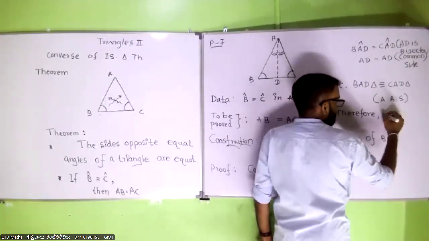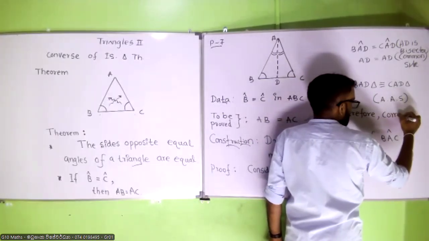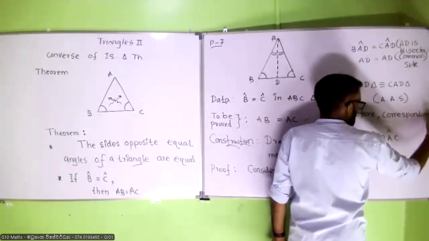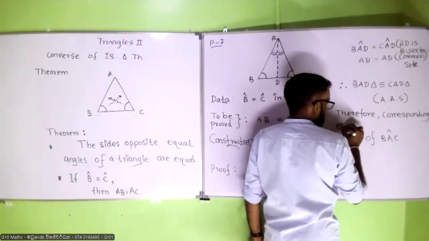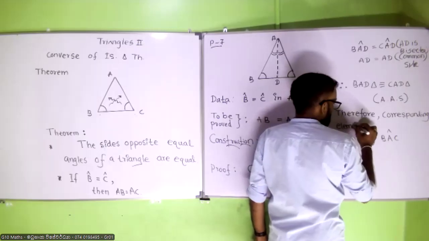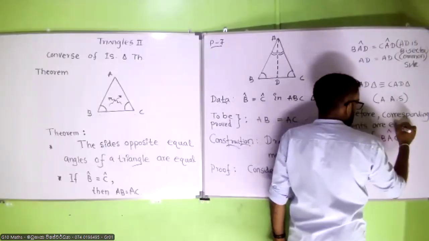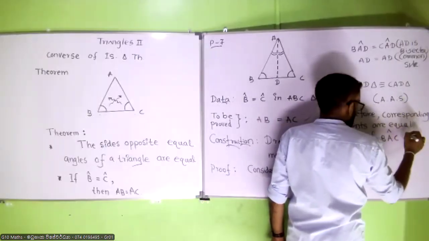Corresponding elements are equal, correct?